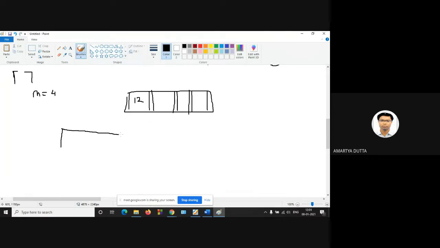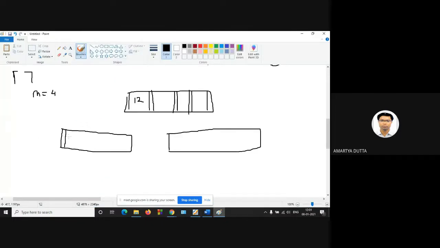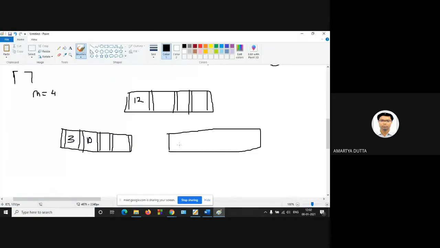The left one will be 3, 10, and the right one will be 27, 49.